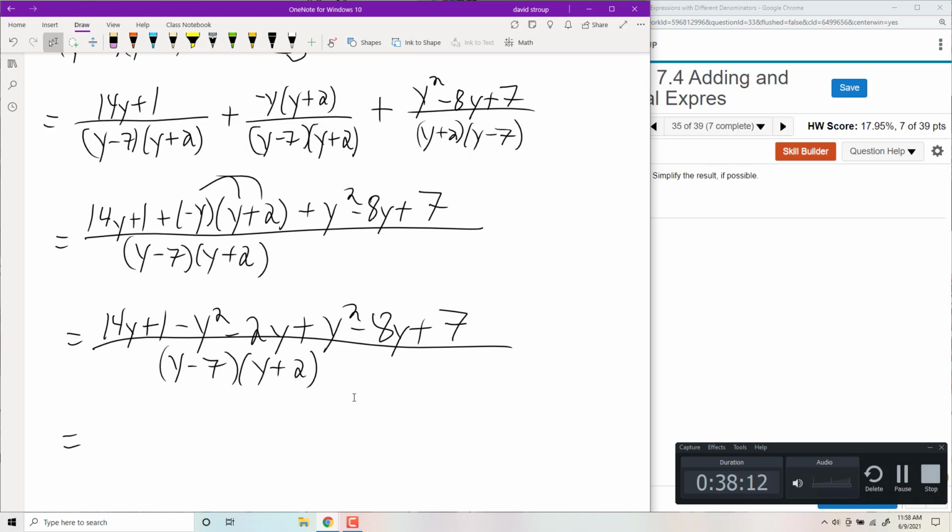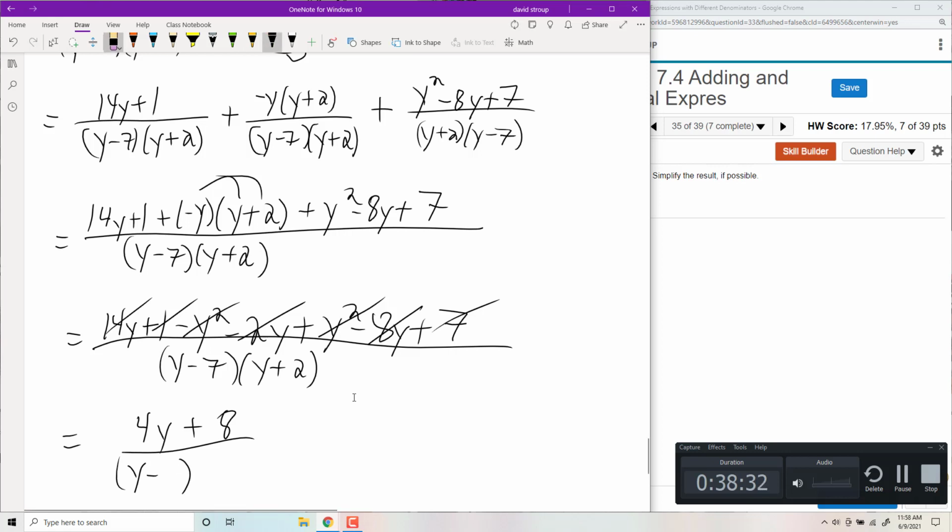And the numerator, y squared minus y squared, those will cancel. 14 minus 2 is 12, minus 8 is 4y. And then 1 plus 7 is 8, so plus 8 all over y, the LCD.